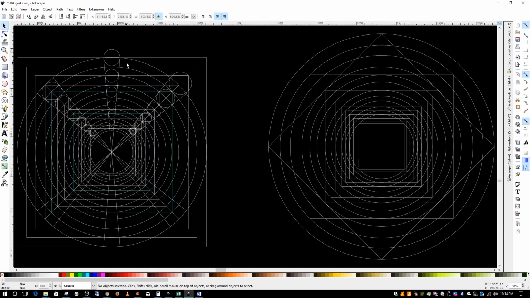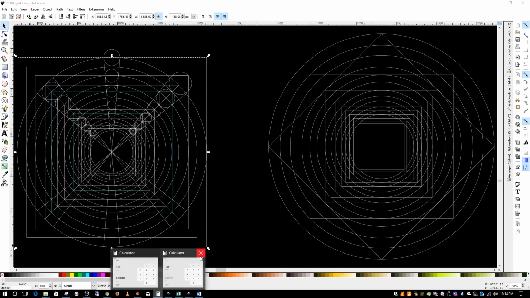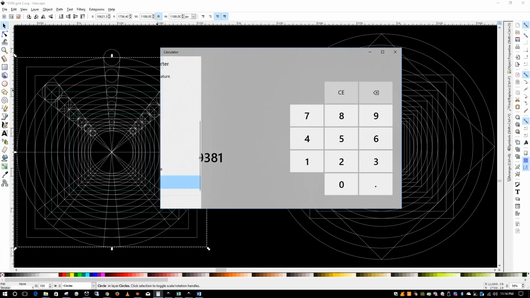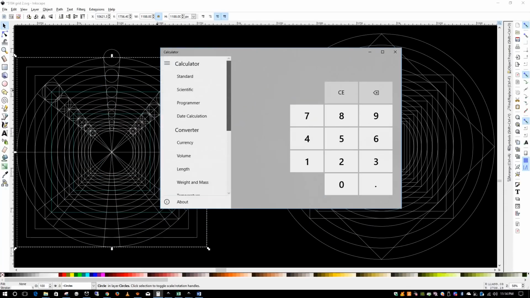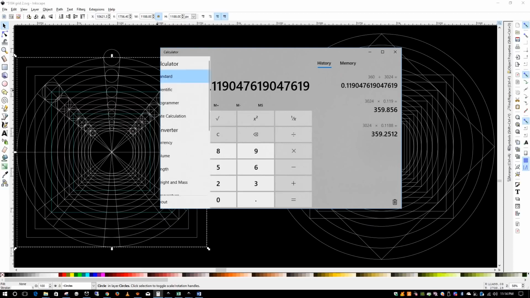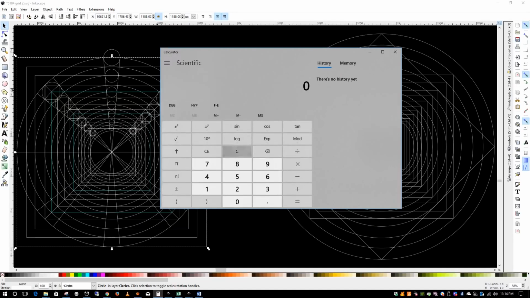So if you want to find the circumference of a circle, you take its diameter. For example, if this is 1188, let's go ahead and multiply that. 11.88.